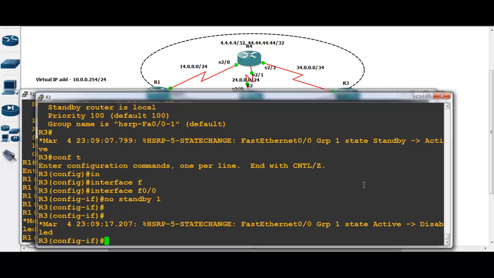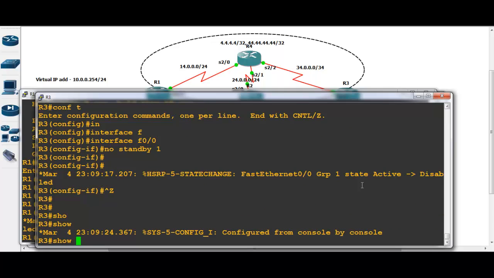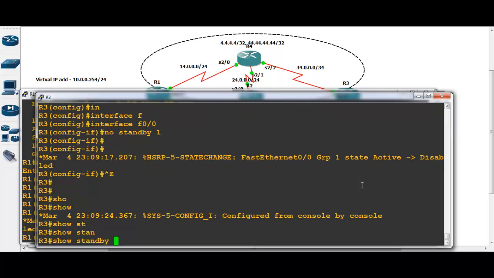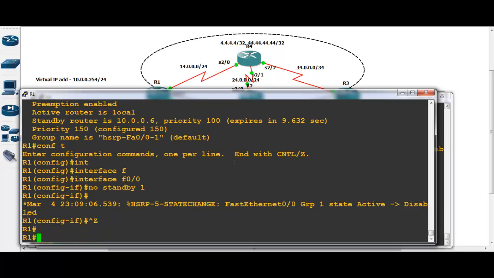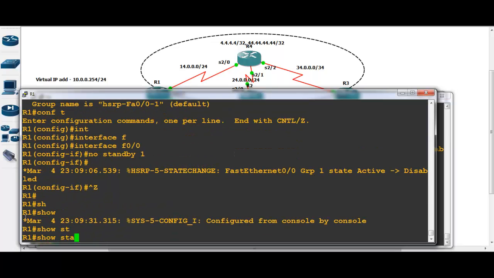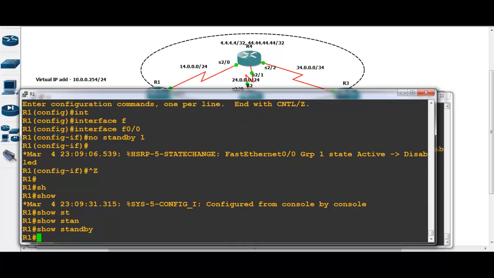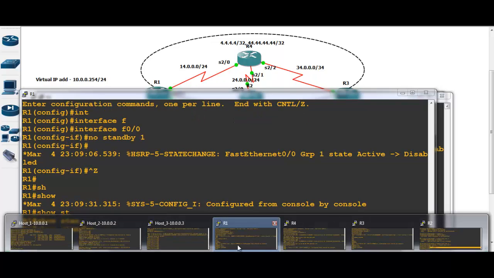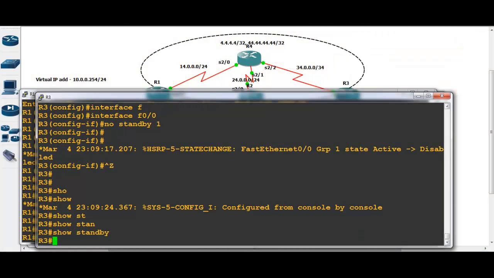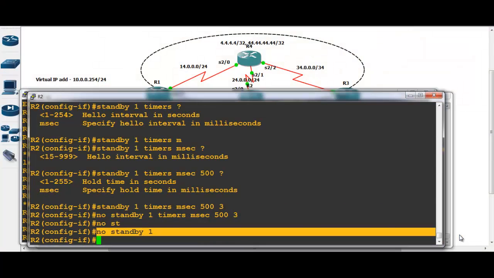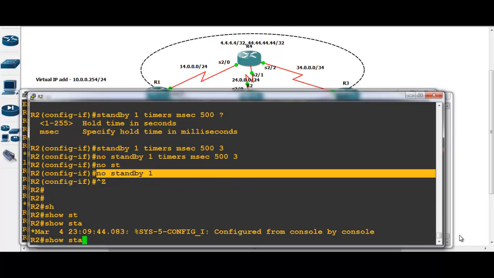Right, so before we enable GLBP, show standby, nothing. Show standby, nothing here also. Router 2, show standby.